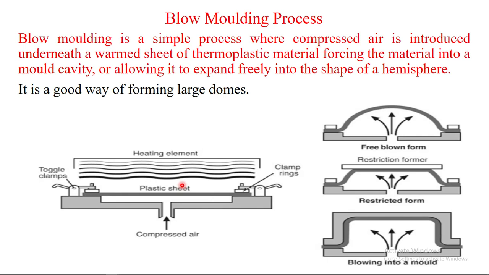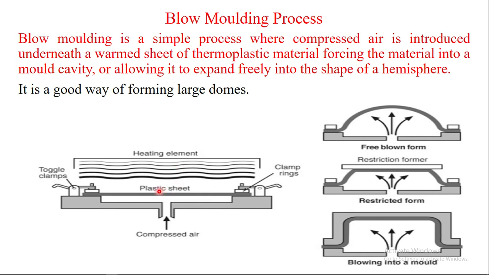After the plastics are heated, they are not melted. The process is not by melting, but in the extrusion molding process, we melt the input material. Here, we are heating the plastic sheet, not melting it.